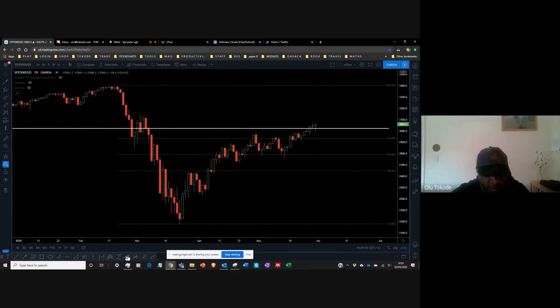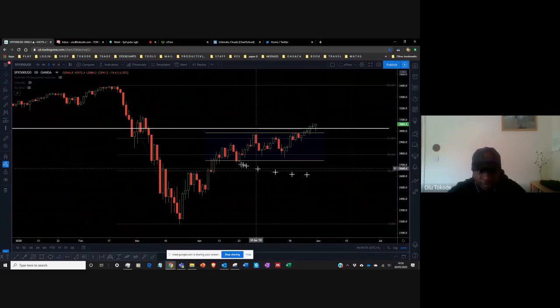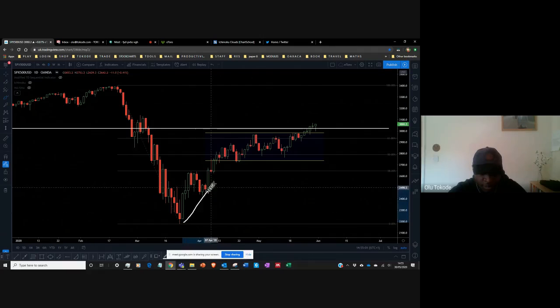So the price action, I will look at the chart without any indicators, just study the candles and the patterns on the chart. If I draw a channel here, see this, we have a strong trend up here, and then from here, it's just consolidation.